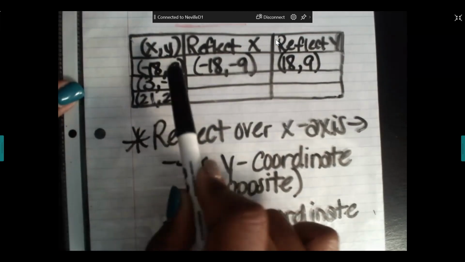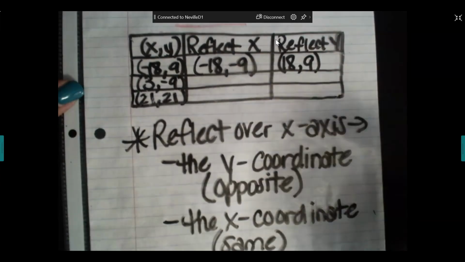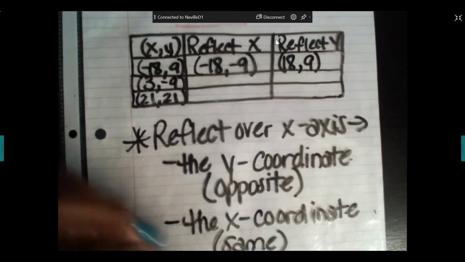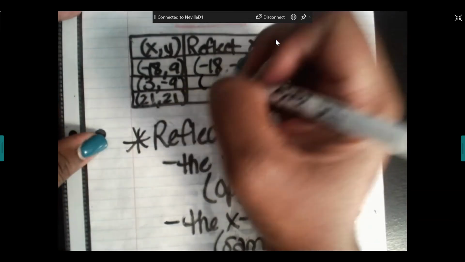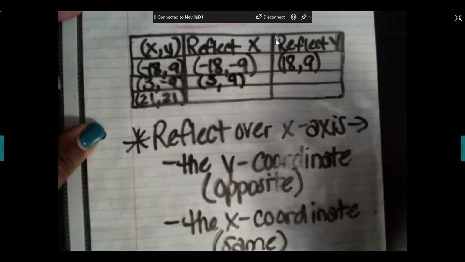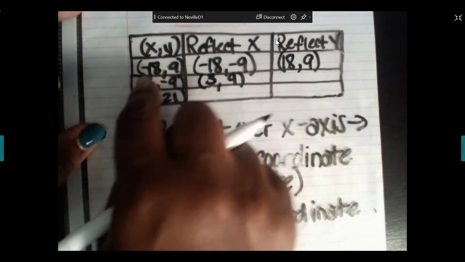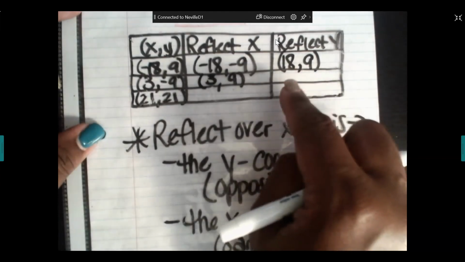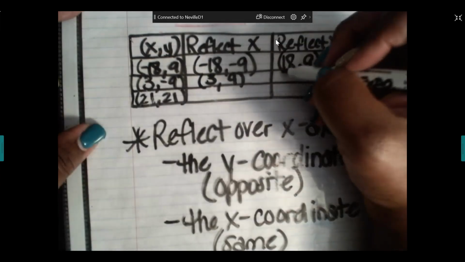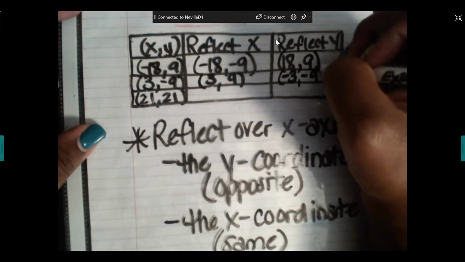(3, -9) reflected over the x-axis. Tell me again, according to our notes, what's going to change? The y into the opposite, and the 3, the x-coordinate, stays the same. If I reflect this point over my y-axis, what would it be? (-3, -9).